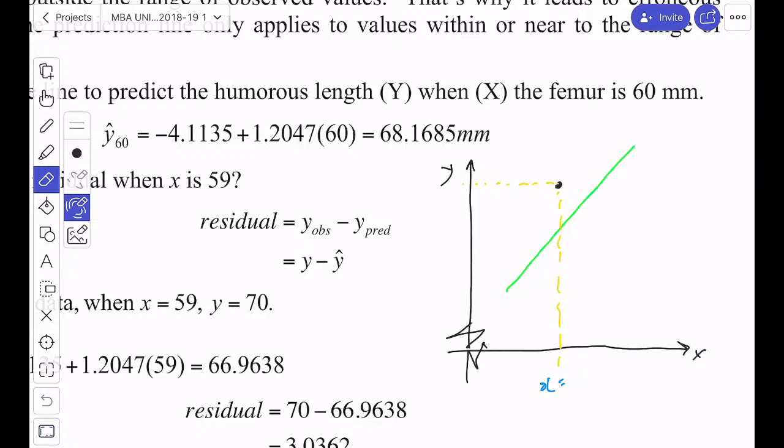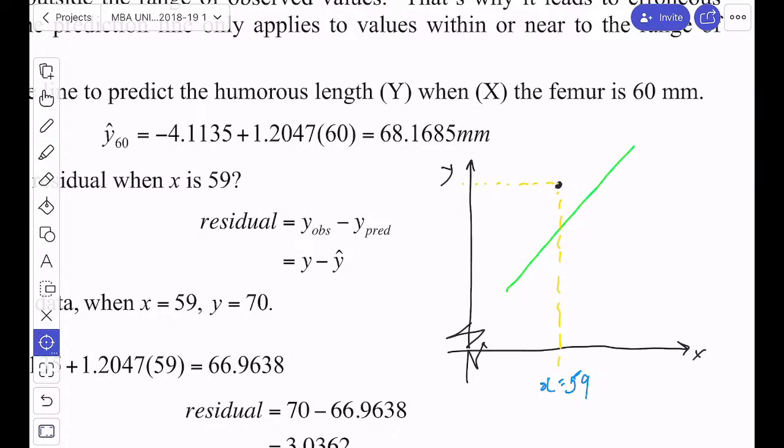The best we have is x equals 59. When x equals 59, it turns out that y is 70, right?